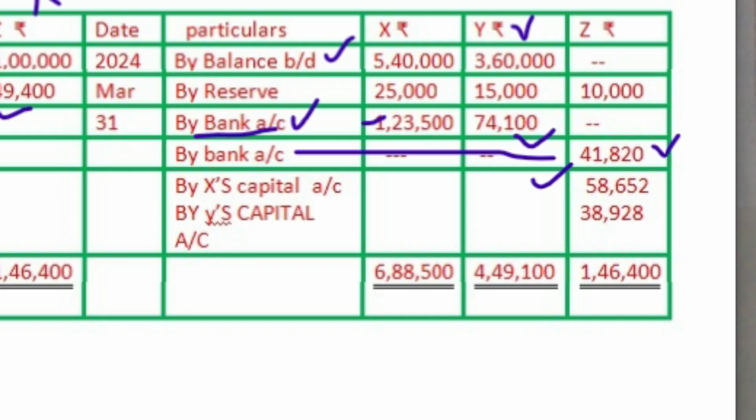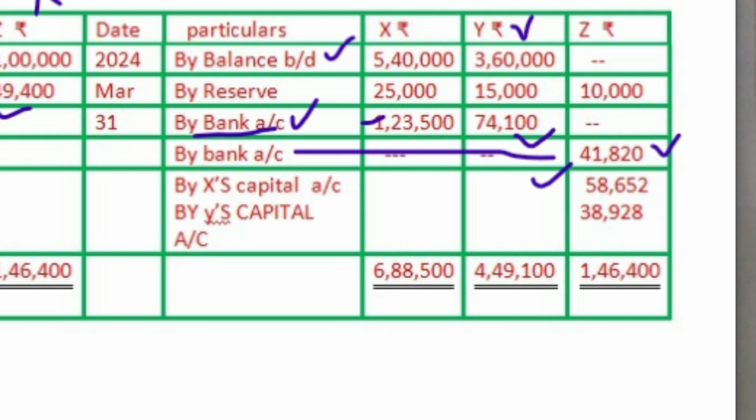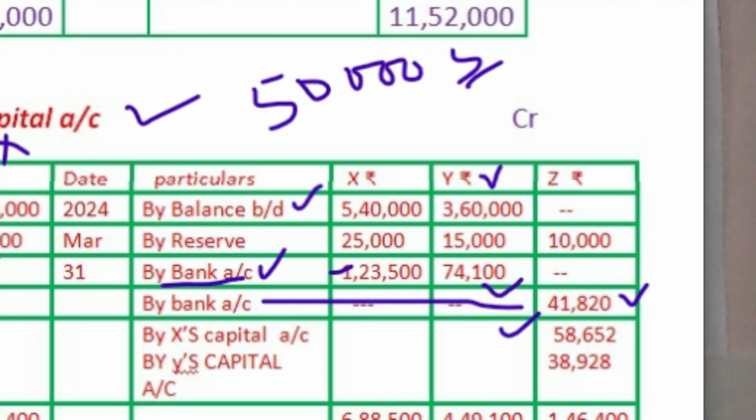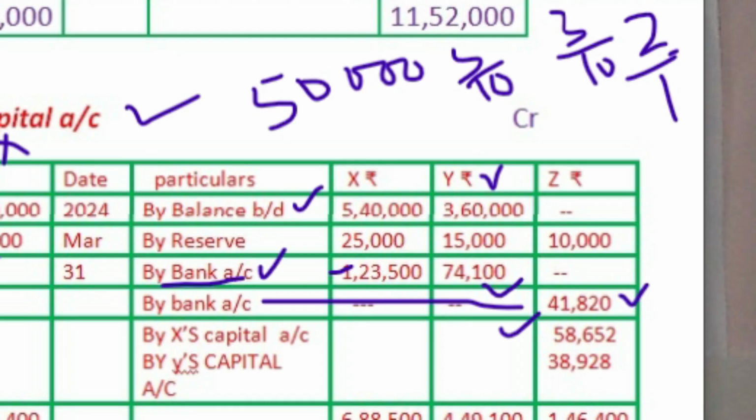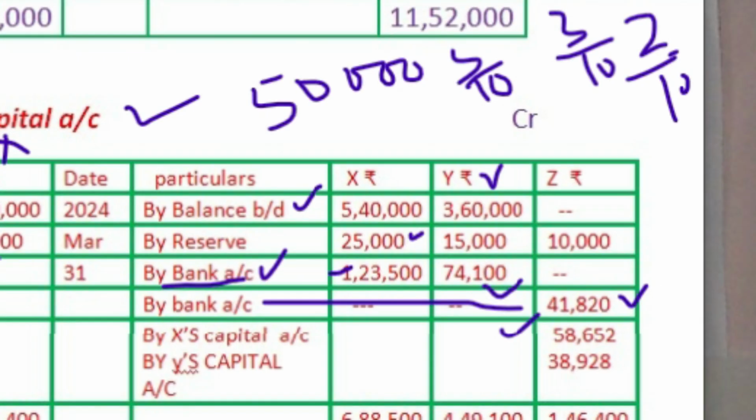So when 50,000 is divided in the ratio 5:3:2, X will get 5/10 of 50,000, Y will get 3/10, and Z will get 2/10. So X will get 25,000, Y will get 15,000, and Z will get 10,000. Entries relating to the partners' capital accounts are recorded.